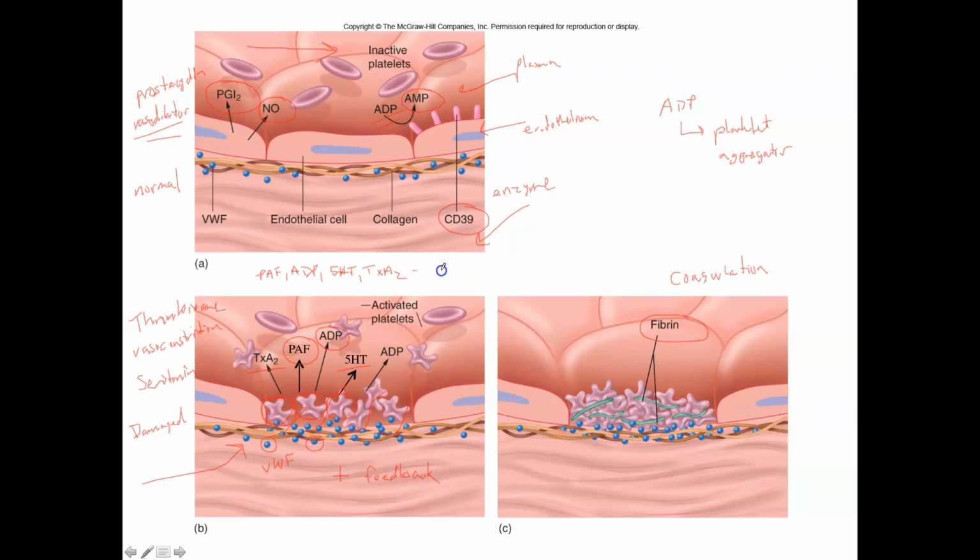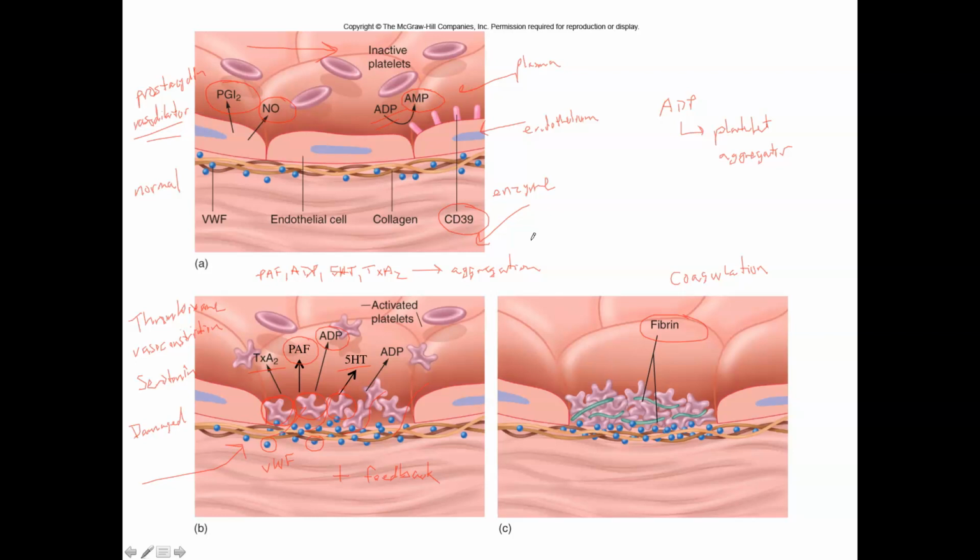All four of these are for aggregation of platelets. Okay? So aggregation of platelets or platelet aggregation. That means the platelets are going to stick to the von Willebrand's factor on the collagen, and we've got this positive feedback loop. And as another platelet sticks, it degranulates, it opens up its vesicles, and it releases more chemicals.